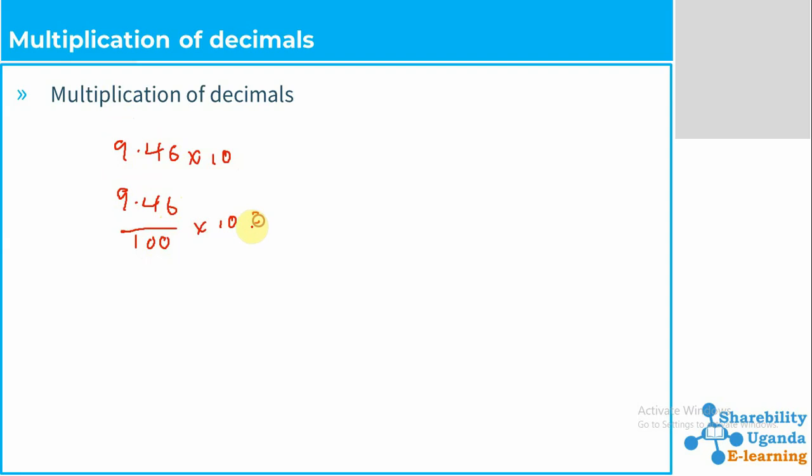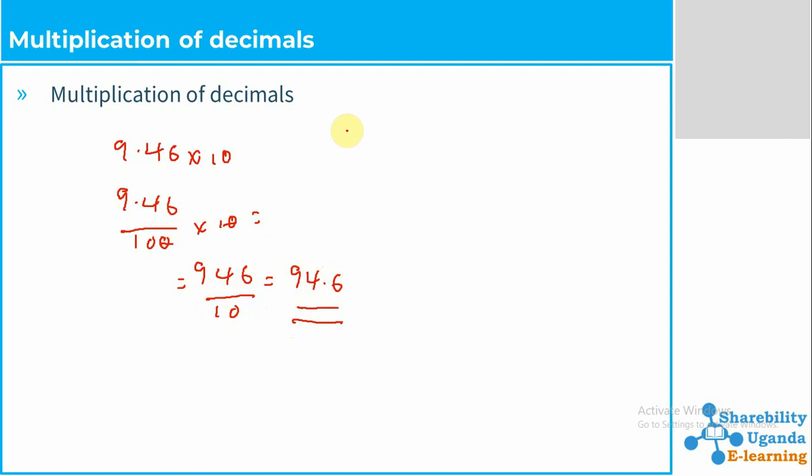So now this is going to be equal to, cancel here, then here we shall remain with 9.46 out of 10. Okay, so here we shall still be able to come up with 94.6 as our answer. Okay, that is how we solve it.